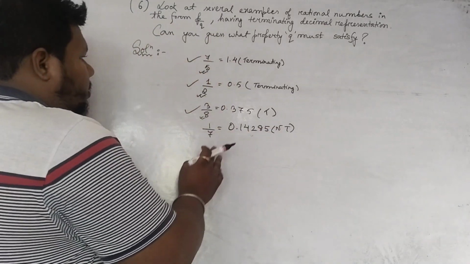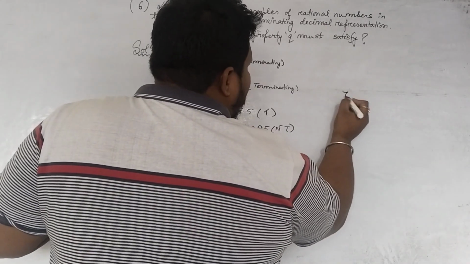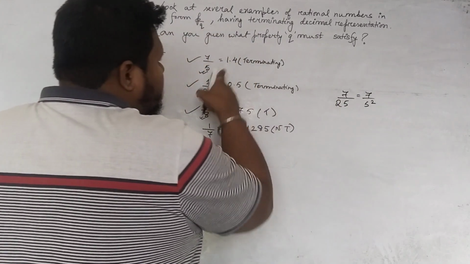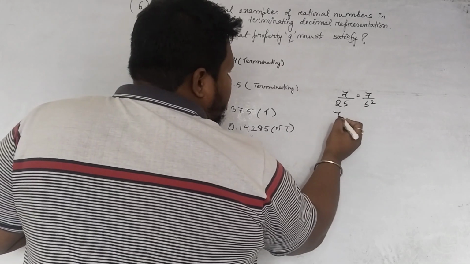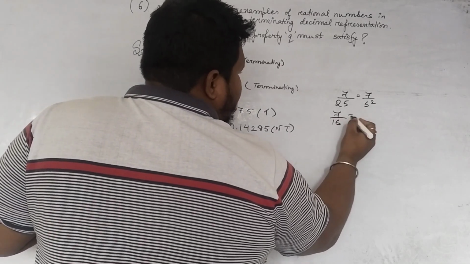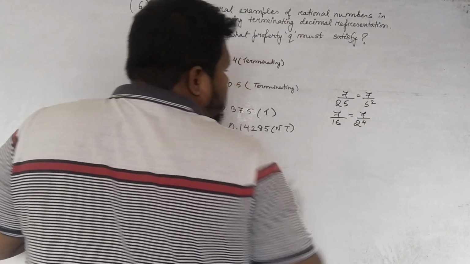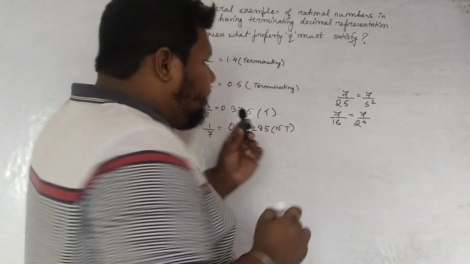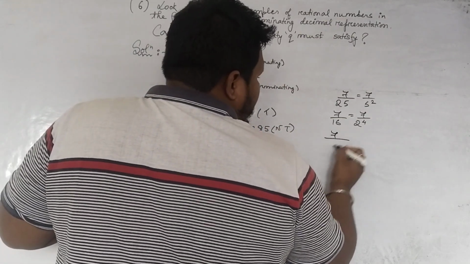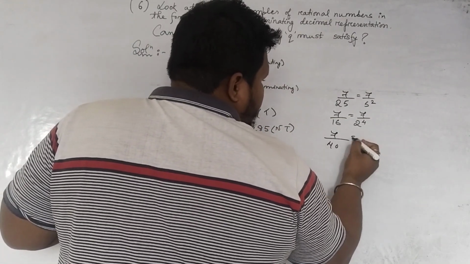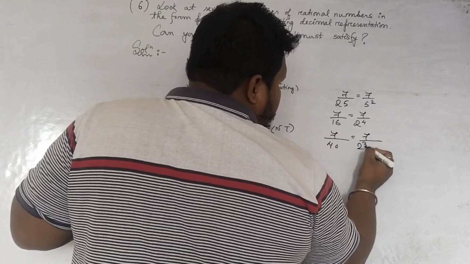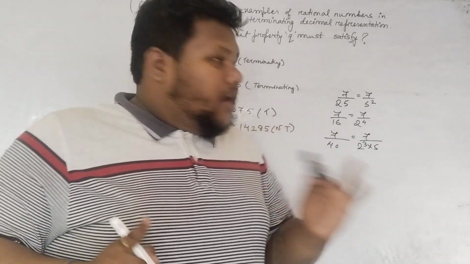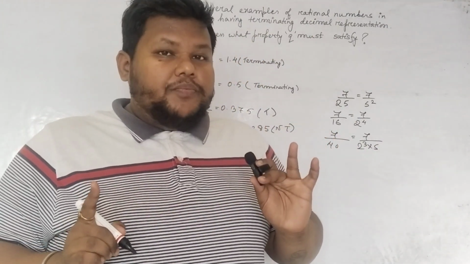Suppose I have 25, 25 is 5 square, that means it will again have terminating decimal. If I say 16, 16 can be written as 2 to the power 4, again it will have terminating decimal. 40 is 2 cube into 5, a combination of power of 2 and 5. That means this one will also have terminating decimal.